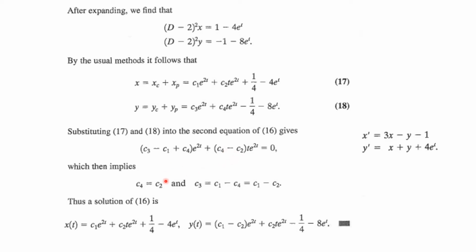So what that means is that c4 is the same as c2, so this one is equal to 0, and c3 has to equal c1 minus c4, and also has to equal c1 minus c2, and we get this. So our solutions then, and we have reduced the number of independent coefficients by half, so this is our solution for x, and this is our solution for y. And again, we have now related the constants because originally it was a coupled differential equation.